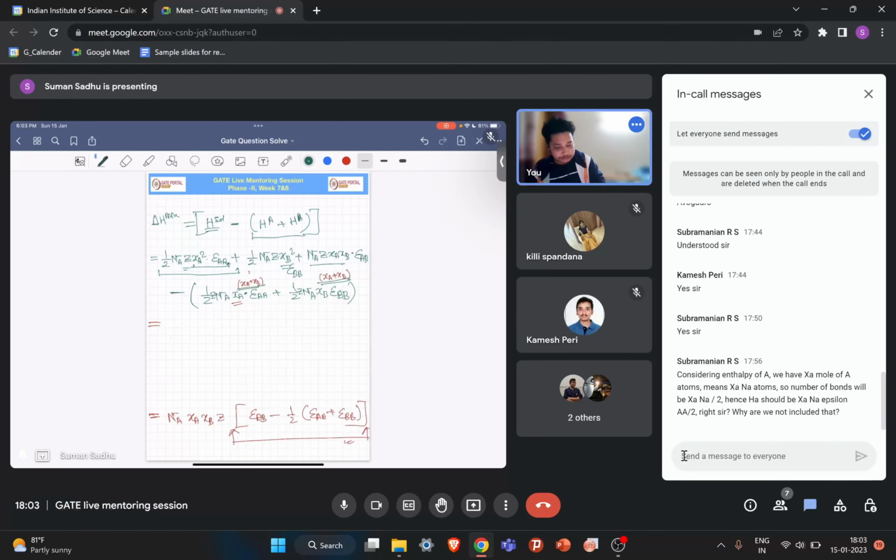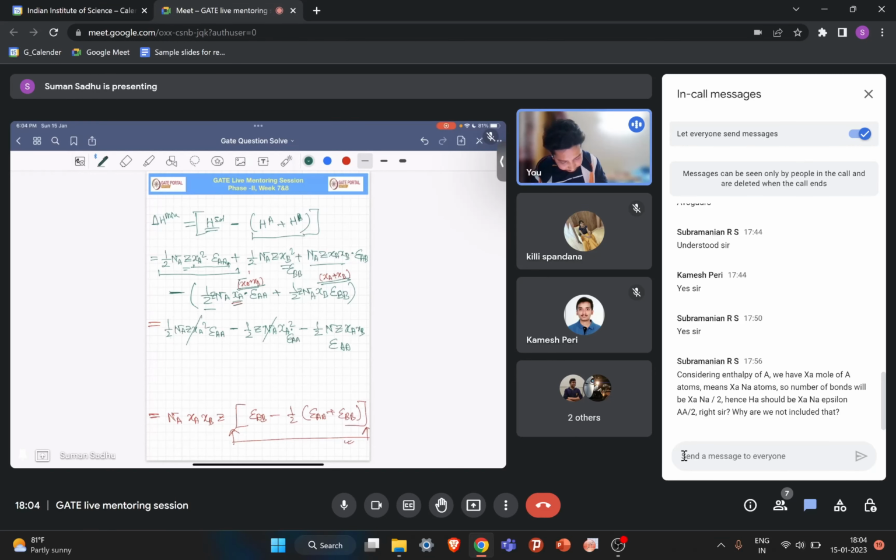If we multiply, we will get half of Na Z XA square into epsilon AA, and from this we get minus half of Z Na XA into XA, which will be XA square. So these two parts will get cancelled out, and the other part will be half of Na Z into XA XB into epsilon AA.